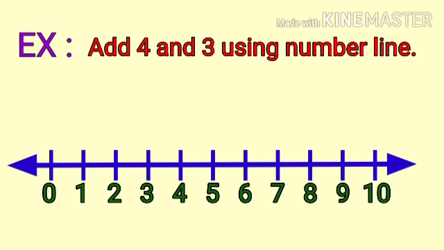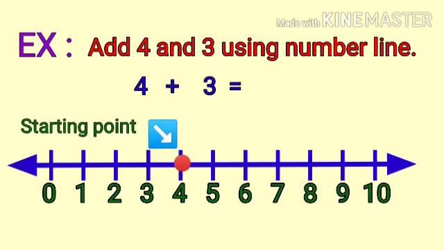That means here we are adding 4 and 3. So the first number is 4 and the second number is 3. So we should mark the first number 4 as a starting point on the number line.